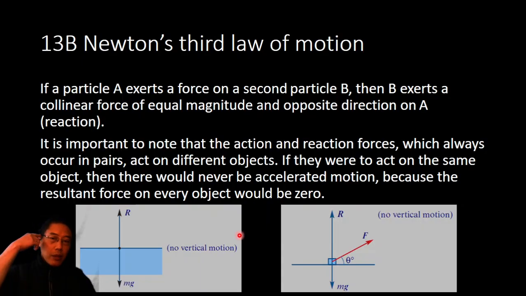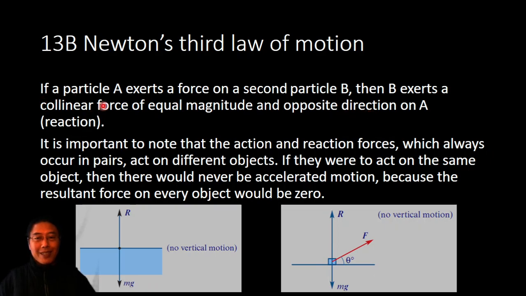Alright. Third law of motion. If you have a particle A exert a force on a second particle, then the second particle exerts a force of equal magnitude and opposite direction on A, which is what we call the reaction. So same magnitude, opposite direction.